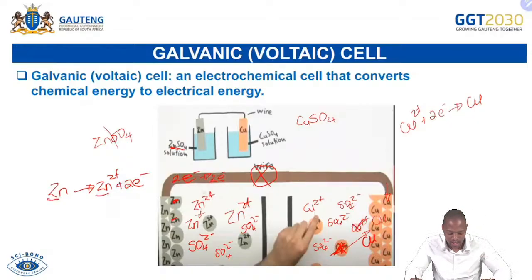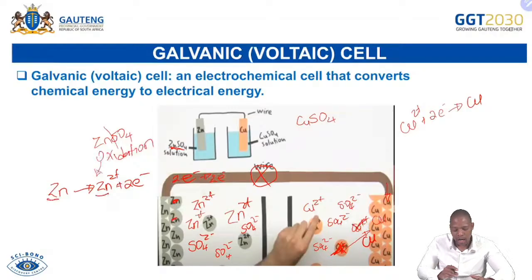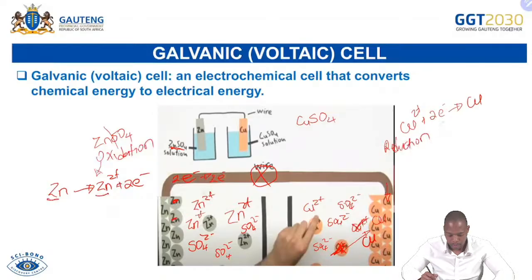Just by that, we can identify and say, since losing is happening here, oxidation is taking place here. And this is the reaction that we can write to represent the oxidation half reaction. And here there was a gaining happening, so that means reduction is taking place here.